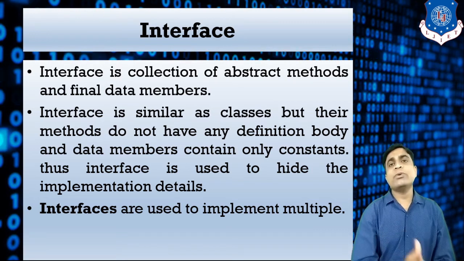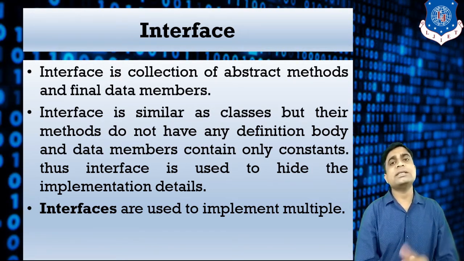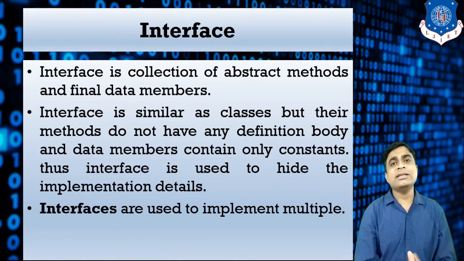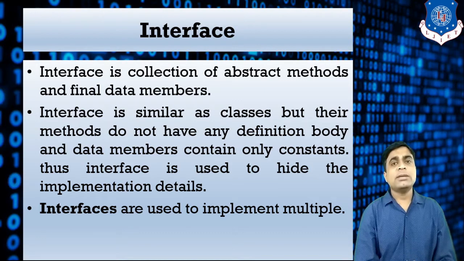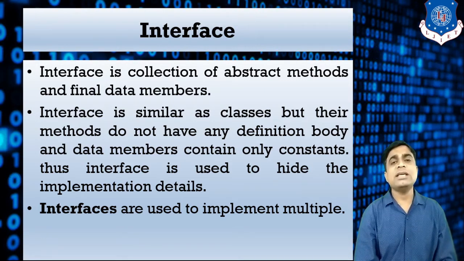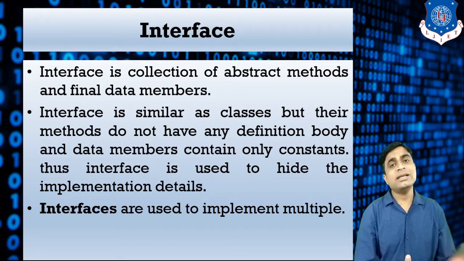One more important question that is asked in the examination is: what is the difference between abstract class and interface? You can tell that in an abstract class there is a combination of abstract as well as non-abstract methods, but in an interface all the methods are abstract. An interface supports multiple inheritance, while an abstract class does not.